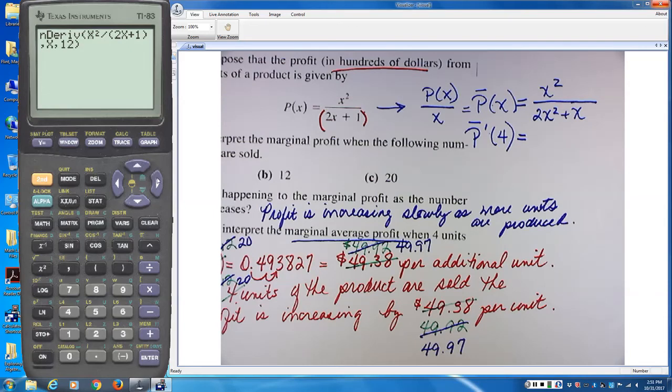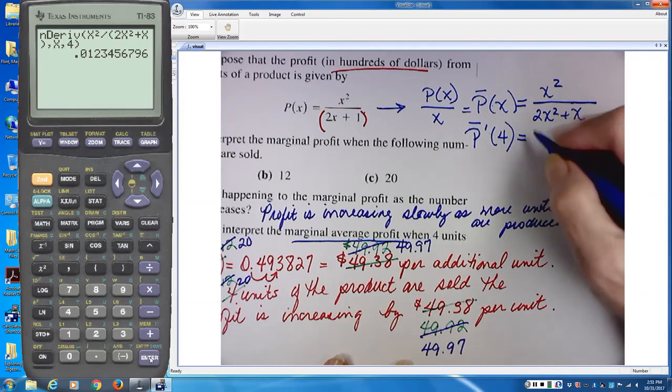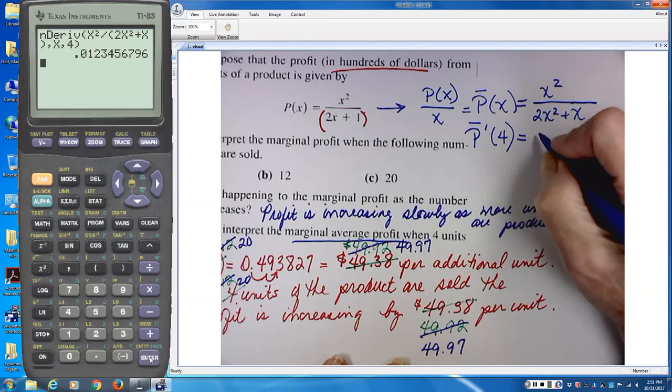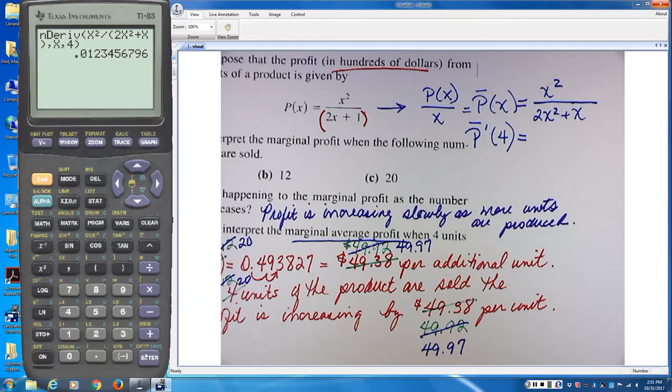And we can change this into marginal average profit pretty easily. So we're going to use nDeriv there too. And your marginal profit at 4 units, I remember this is hundreds again, so we're going to move the decimal 2 places, so it's going to be 1.23.